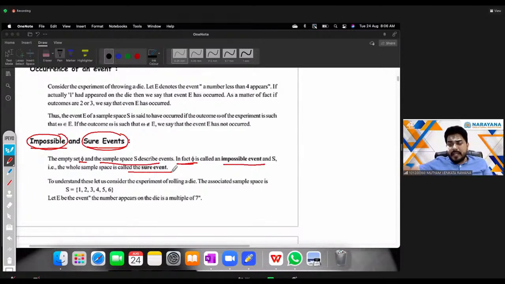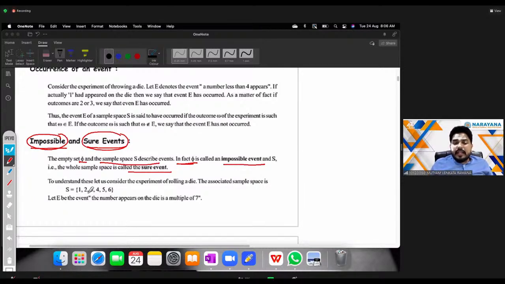So I am writing that sample space as the event. This event is always a sure event. One of those things is going to happen. If you take the event as the null set, nothing can happen, so the null set is the impossible event.